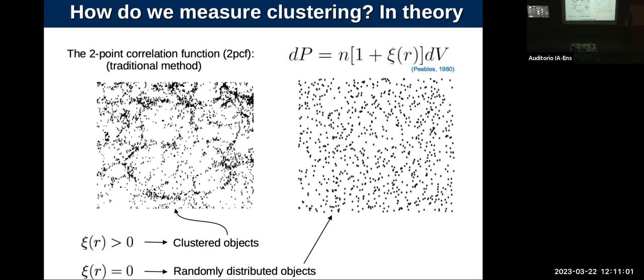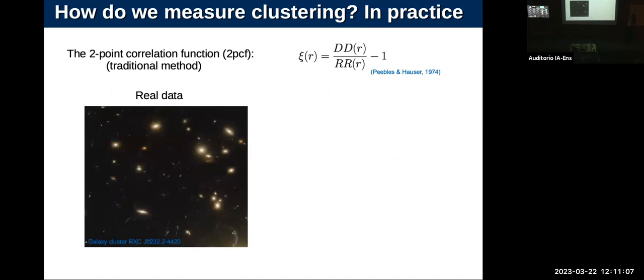However, this seems a bit theoretical, right? Like this excess probability, how do you really measure this in reality? So the way that people do this is by using some estimators. And the idea is the following. If this is your sample of galaxies, what you're going to do is count pairs of galaxies within your catalog.